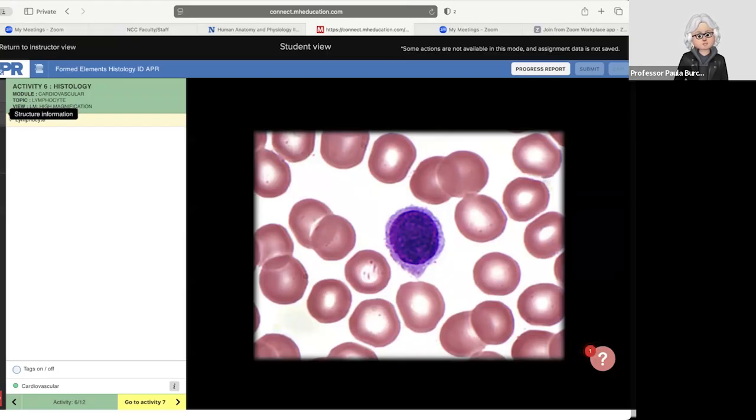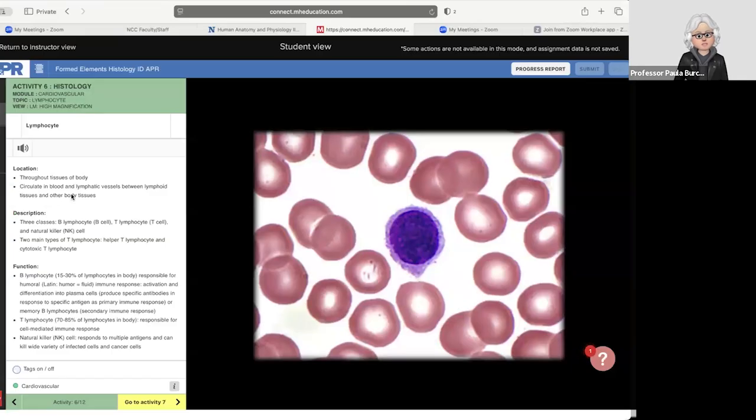So let's look at some information here. It's going to give you some information on where you find it. It's going to tell you that you have B lymphocytes, T lymphocytes, and it talks about natural killer cells, which are actually not part of the specific or adaptive immune response because they are non-specific. So we'll talk about those again.